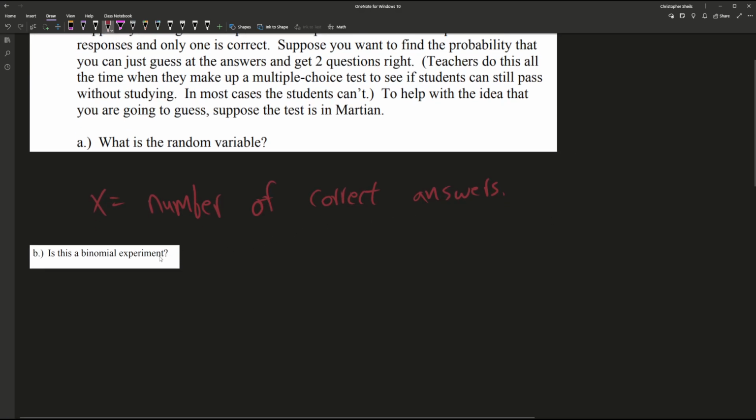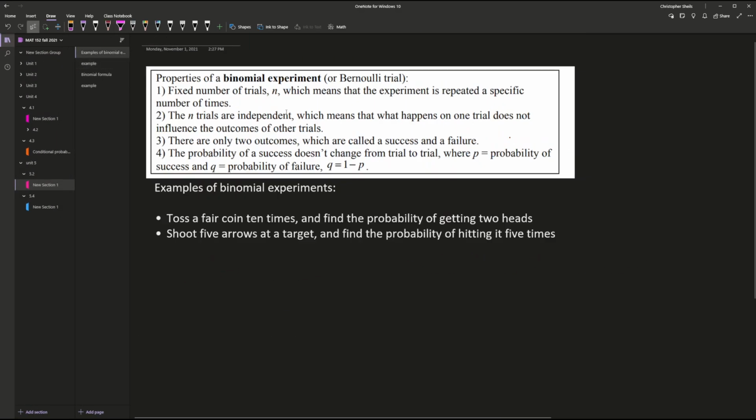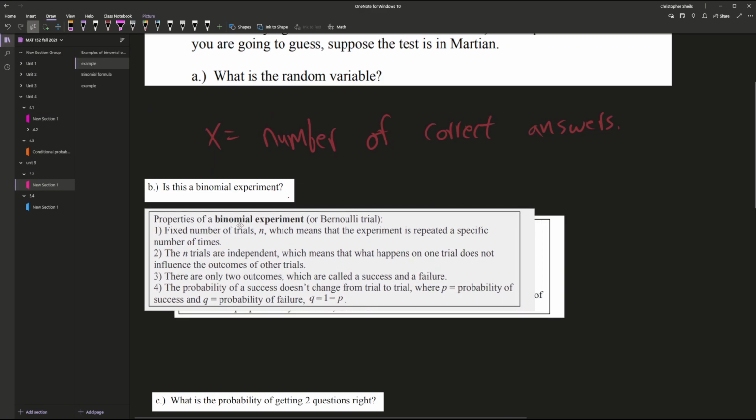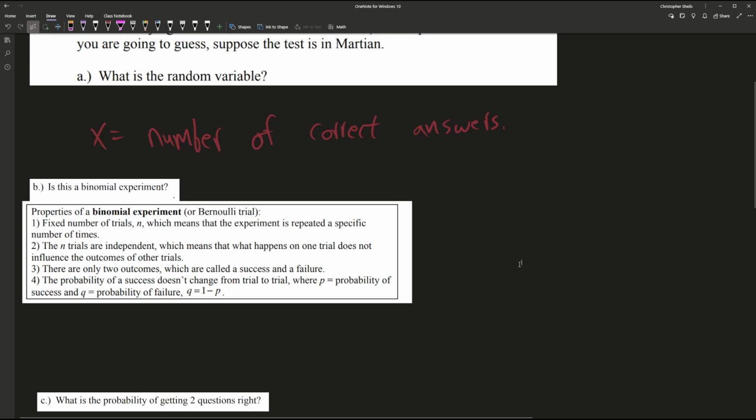Is this a binomial experiment? Let's go get our criteria for something being a binomial experiment. Binomial experiments have a fixed number of trials. That's true for this case. Here, n equals 3.